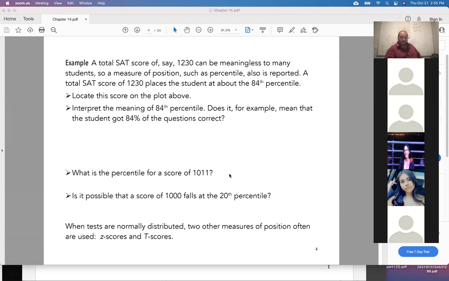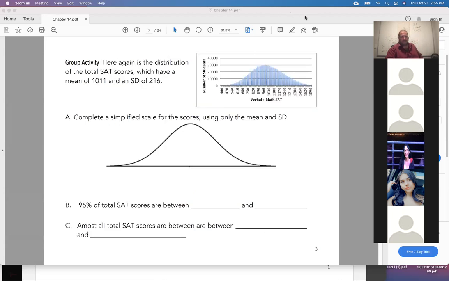Awesome. Is it possible that a score of 1,000 falls at the 20th percentile? Let's find 1,000. Right there.